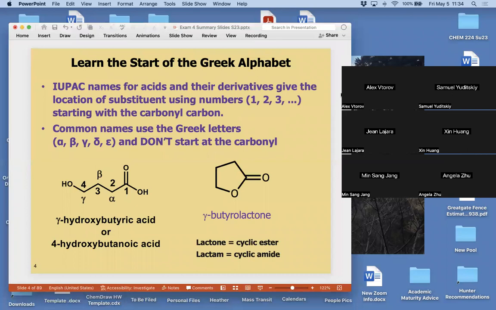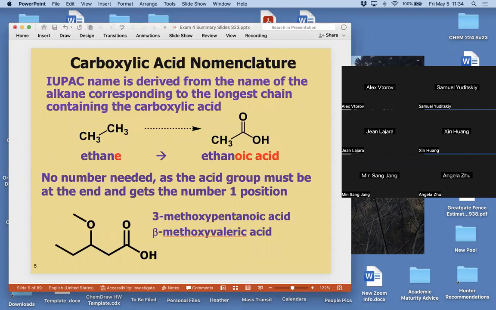Common names don't use numbers, they use letters, and they're offset. The IUPAC names are just a continuation of the patterns you've been learning. Each one is a lot of deja vu, but occasionally with some new detail.